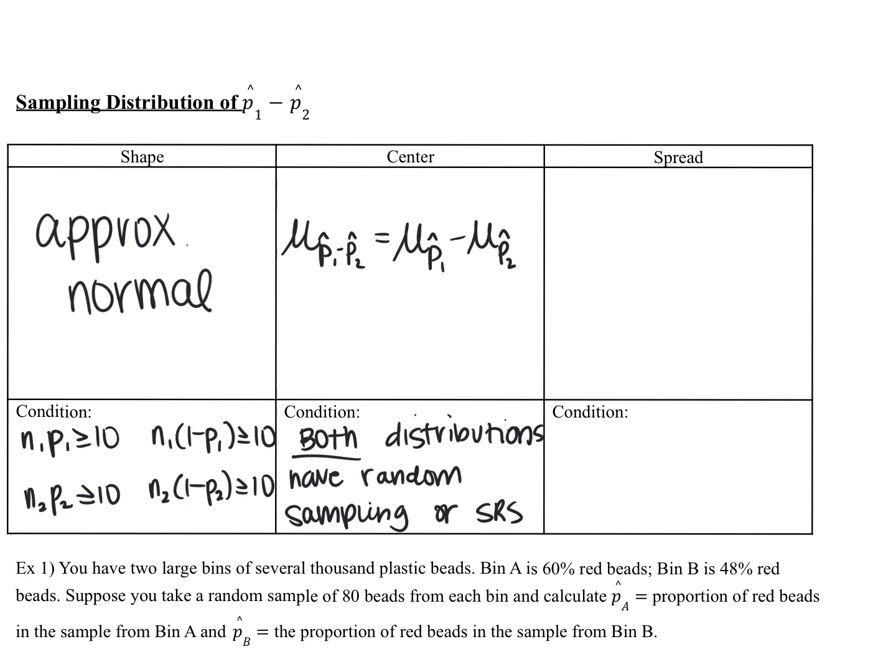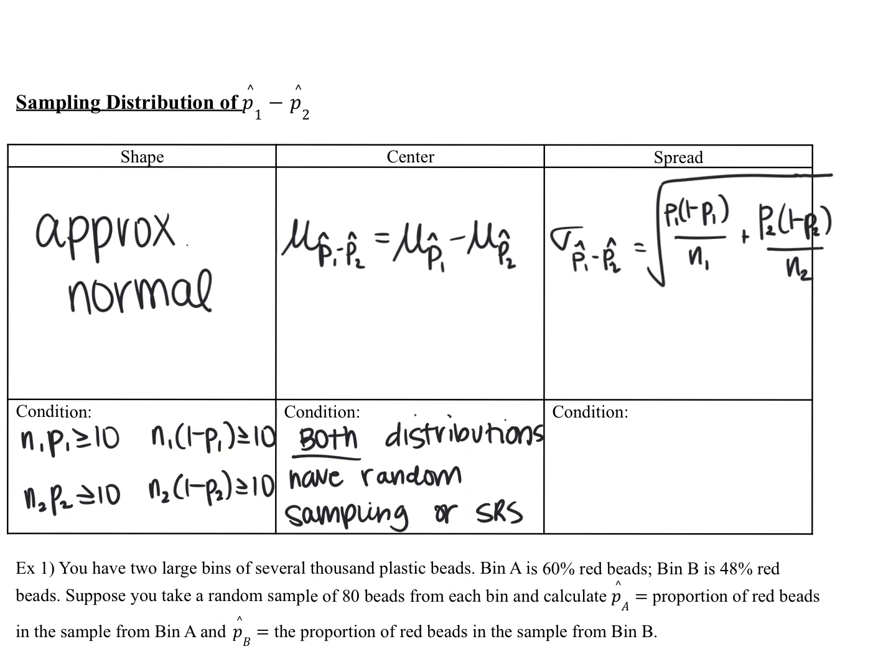Okay, so then our spread, our standard deviation of P1 hat minus P2 hat, we're going to do P1 times 1 minus P1 all over N1 plus P2 times 1 minus P2 all over N2, all under the square root.